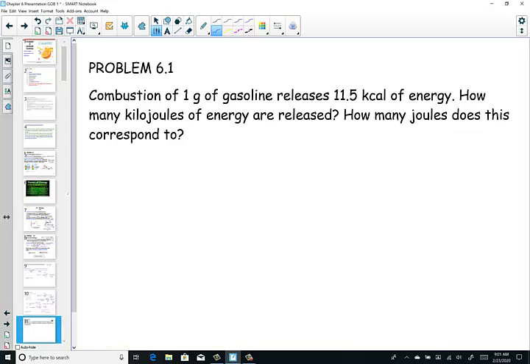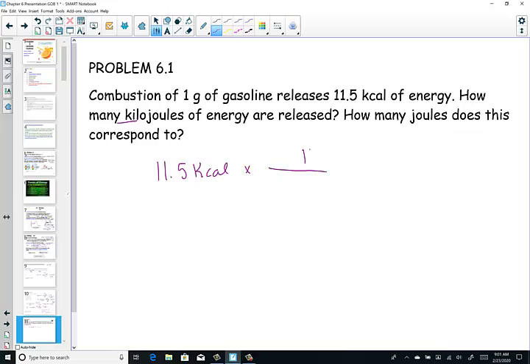The combustion of gasoline releases 11.5 kcals of energy. So that's the number of kilocalories for every gram of the gasoline that's burned. How many kilojoules of energy are released? How many joules does this correspond to? So the 1 gram is telling us the amount of gasoline, but it really doesn't play a role in the calculation. It's giving us kcals of energy, and we want to know kilojoules.